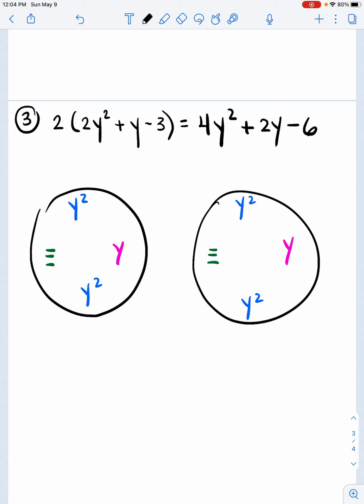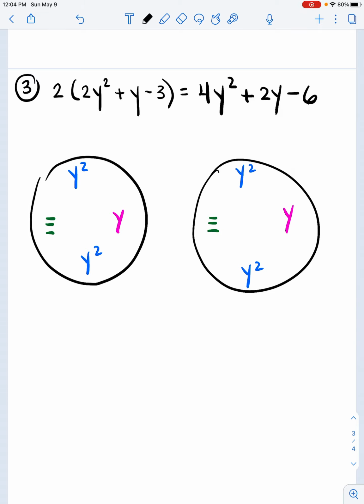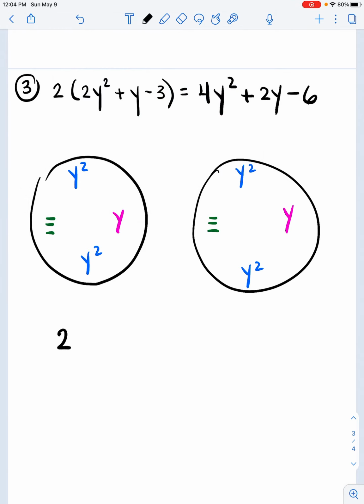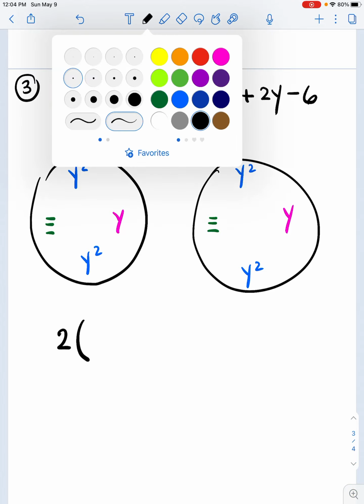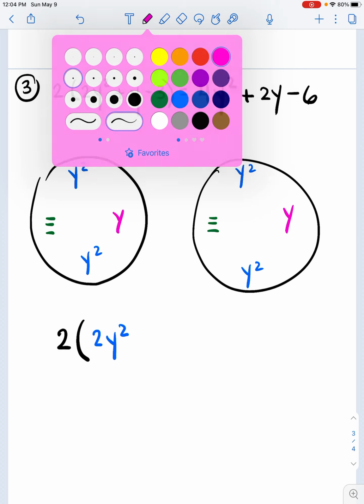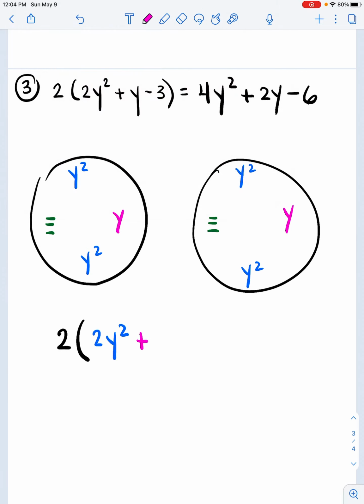And let's see if we can do that without the model. So I'm going to go back to my color coding. Let's try it. I'm going to do 2 groups, 2 times, and then let's do 2y squared plus y minus 3.